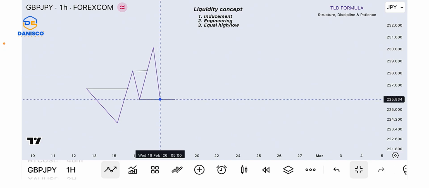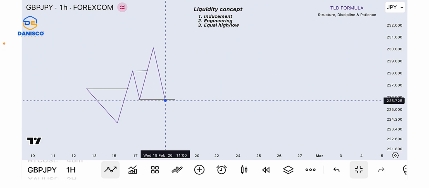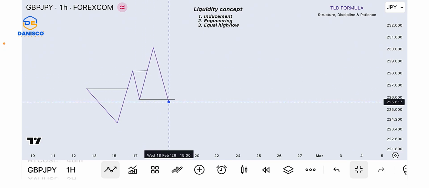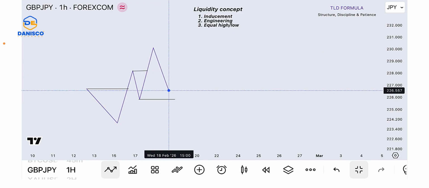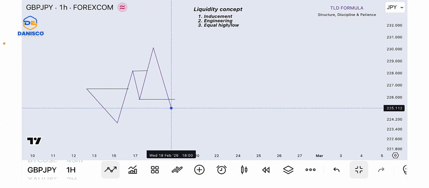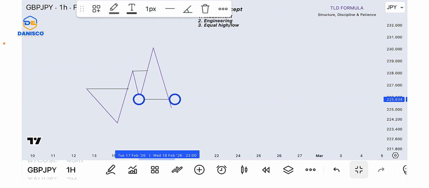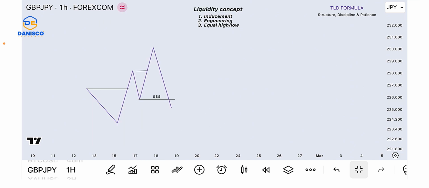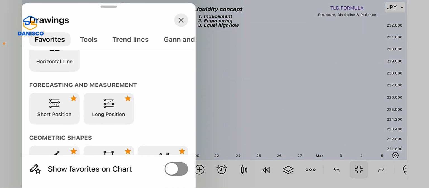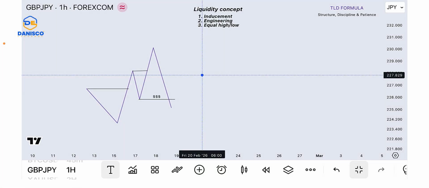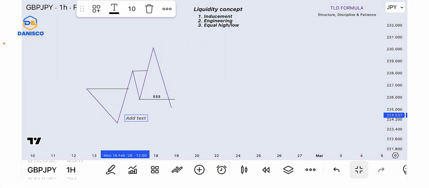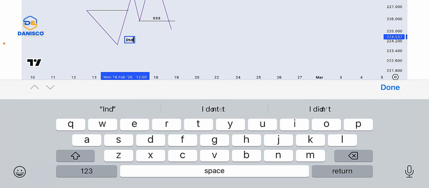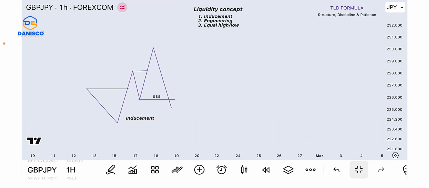I will not do anything on chart until price takes this out, because this is confirmed to me as my inducement. So this is inducement liquidity. Take notes. You have to take note of this. This is what we call inducement liquidity.